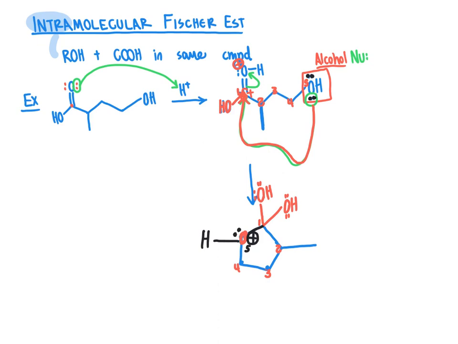So now, at this point in the mechanism, much like what we did in the intermolecular reaction mechanism we looked at before, we need to create water as a leaving group. And in order to do that, we have to do a proton transfer to transfer a proton onto one of the 2 red hydroxy groups in our intermediate here.